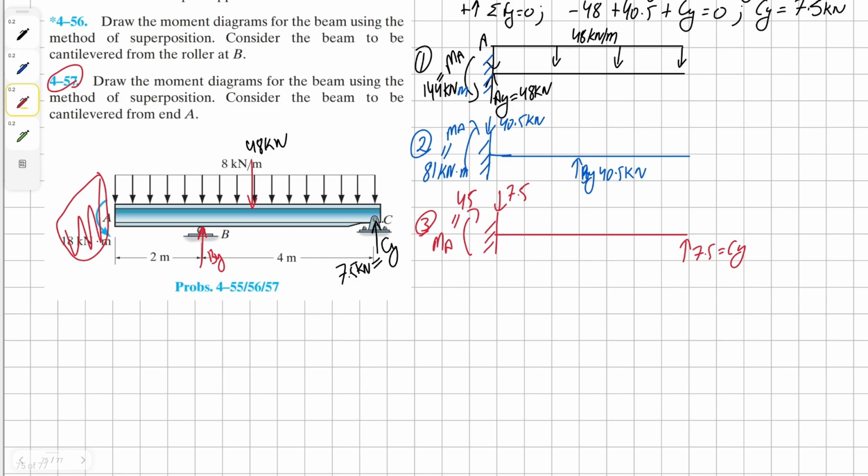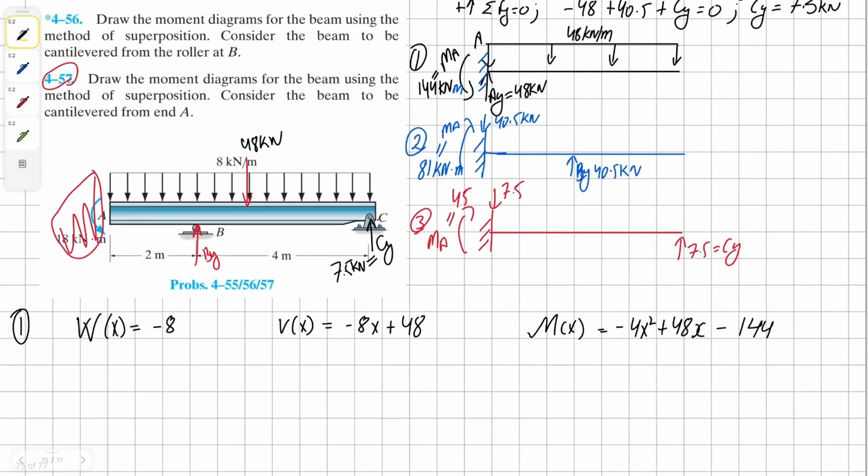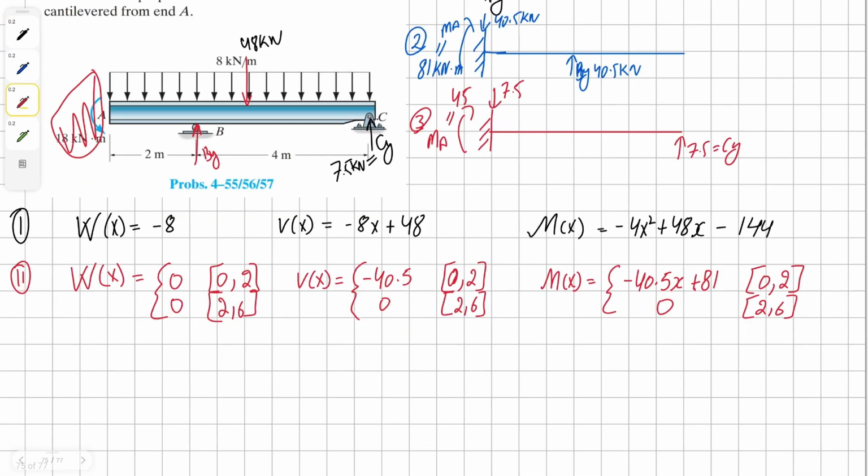All right, so now what we have to do is find our moment equations, then our total moment equation, and finally solve for our moment diagram. For our first moment equation, we have negative 4x squared plus 48x take away 144. The moment equation for free body diagram number 2 is negative 40.5x plus 81.